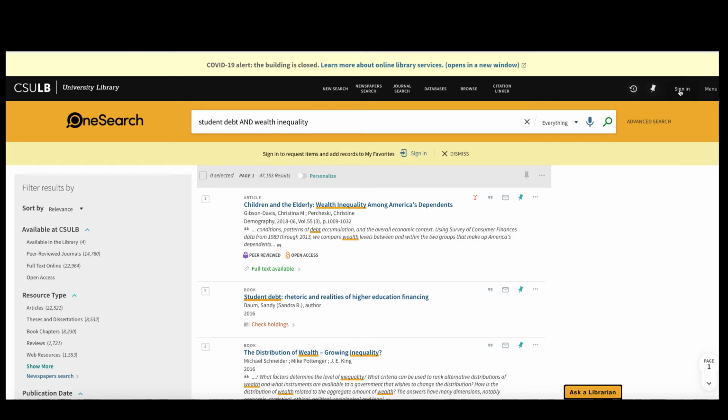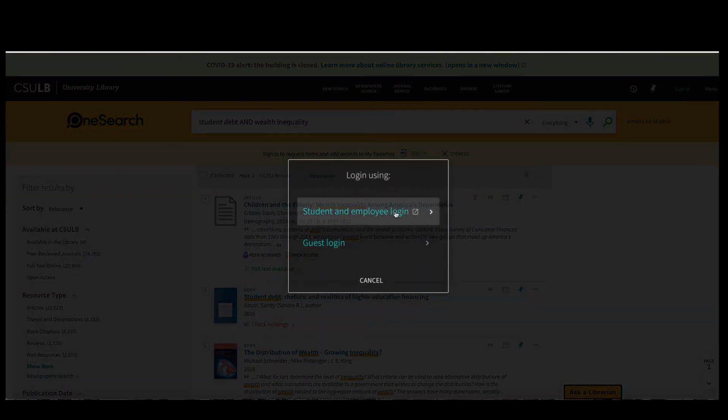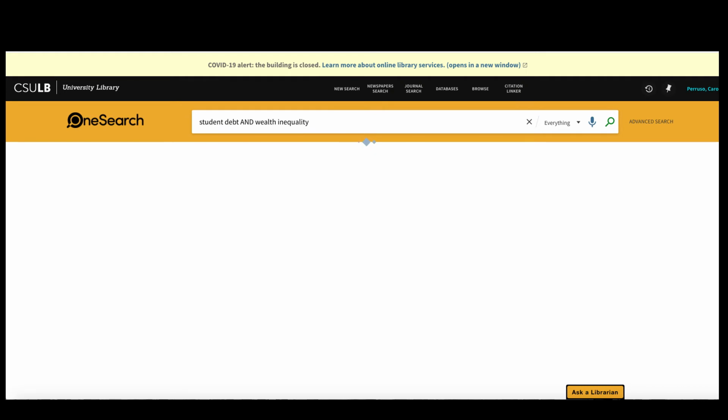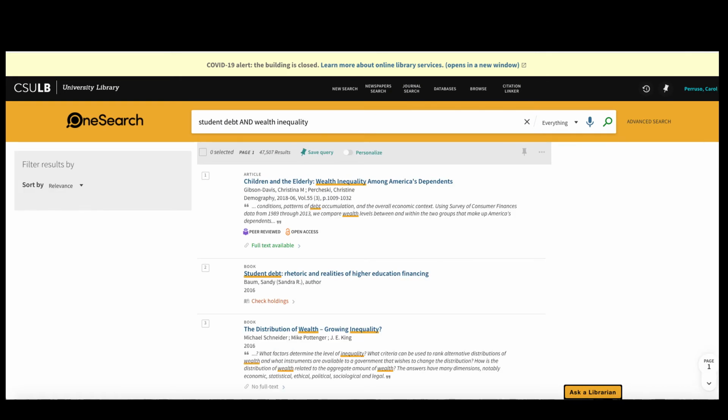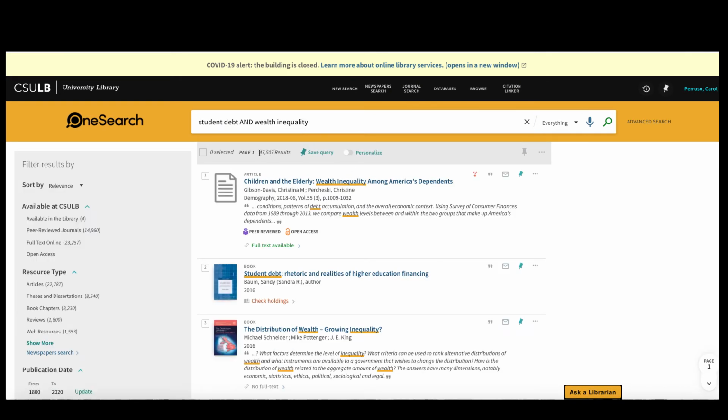We're also going to sign in because that will give us more tools and access to more materials. You sign in using your Beach ID and your password. And here we see we got 47,507 results.